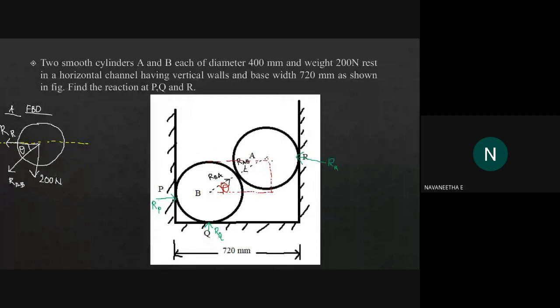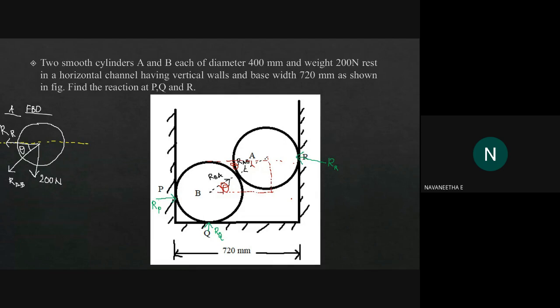The angle made by the line of action of RAB with the x-axis is taken as theta. Here it is theta, and the alternate angle is also theta. So what is the value of theta? How can we find it? Tell me.